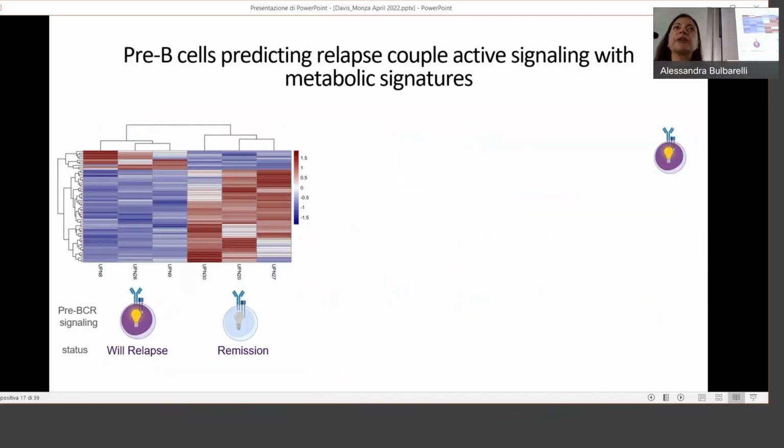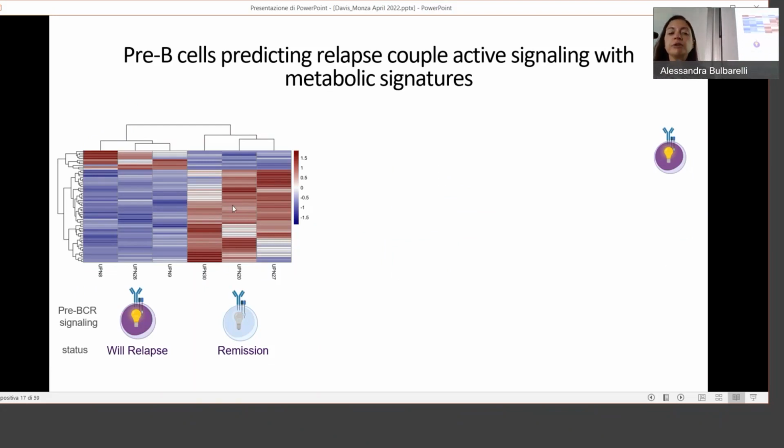So in order for us to really start to think about why these cells actually persist and how they are treatment resistant, we went back and took 6 samples from our original cohort, sorted out their pre-B cells, and performed RNA sequencing. We did this from 3 patients who were in the group that would go on to relapse and 3 patients in the group that would not.